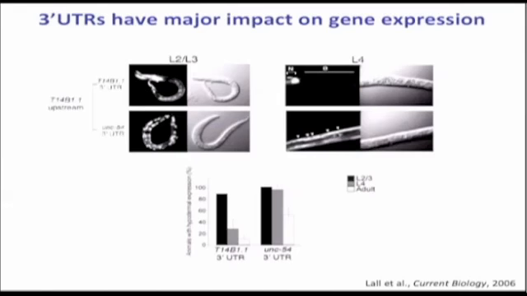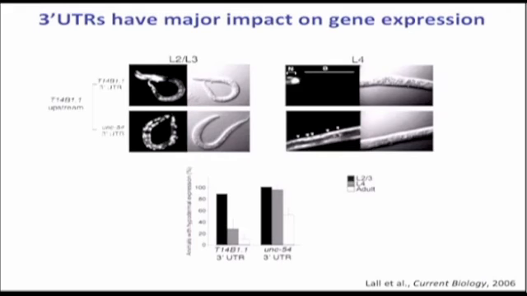So I want to start immediately with two experiments that really mark the point and why 3' UTRs are important in regulating transcription. So these are experiments that were done in the lab when I was at New York University from a postdoc that was there. I had just joined the lab. And basically, those are GFP experiments.